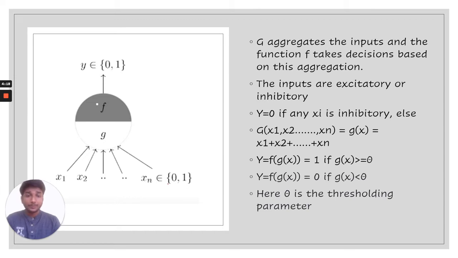Okay, the inputs are excitatory or inhibitory. Let's see first what is inhibitory. Let's say you are going to watch a movie, and x1 is the condition that you will watch a thriller movie, x2 is the condition that the actor should be a demon, and x3 is the condition that it is your favorite actor.